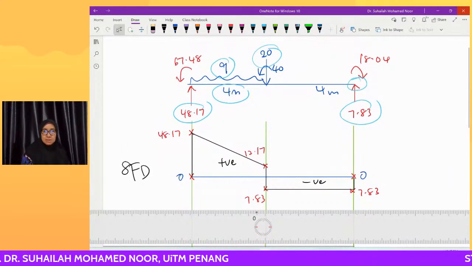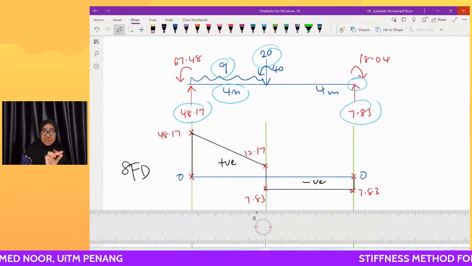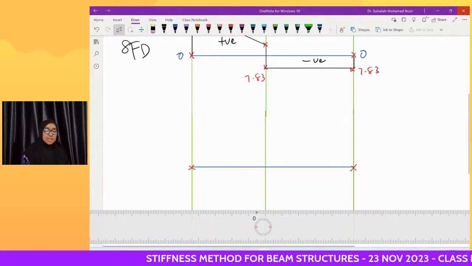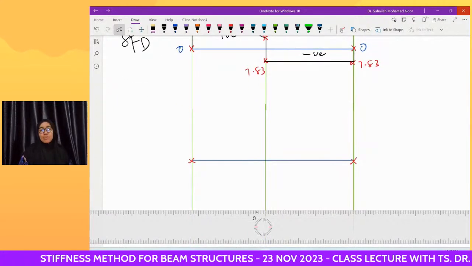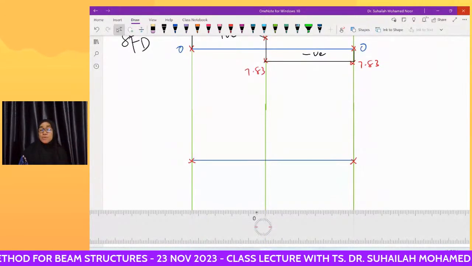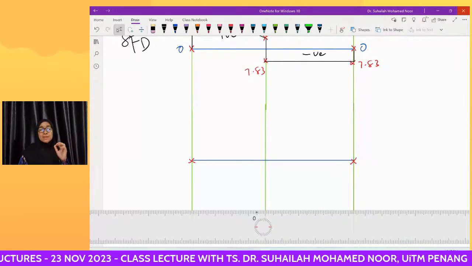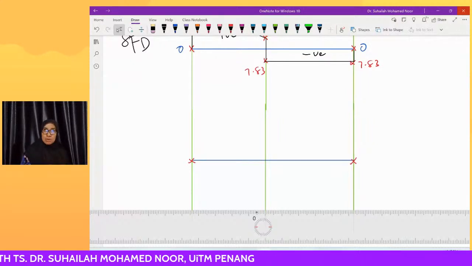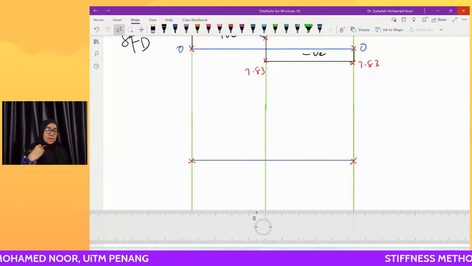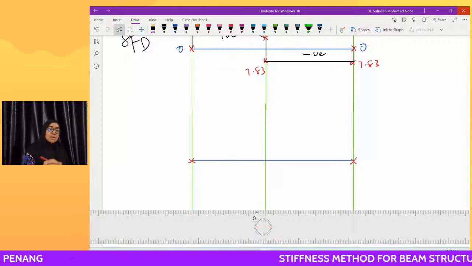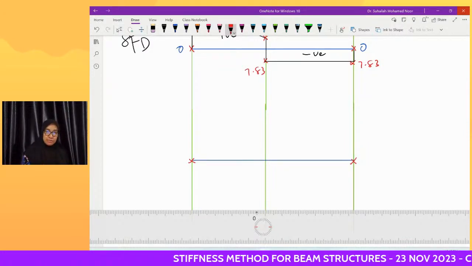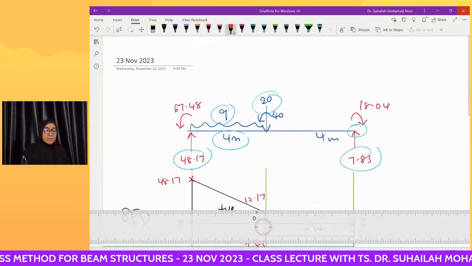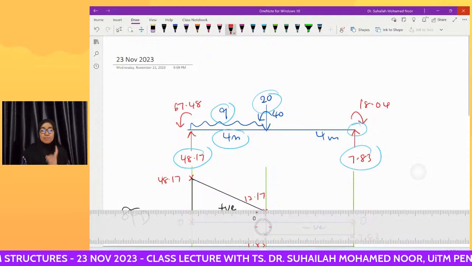So here it is negative, counterclockwise. This is negative 67.48. It doesn't matter whether you assume negative above the line or positive above the line, but you have to label which is negative and which is positive. Here I put negative above the line. So 0 plus negative gives negative 67.48.